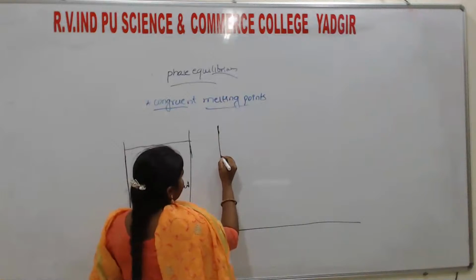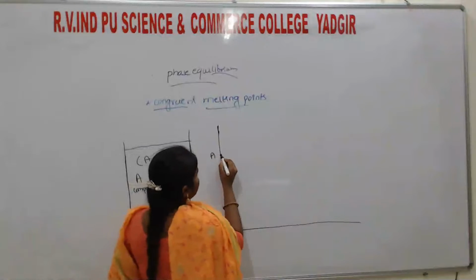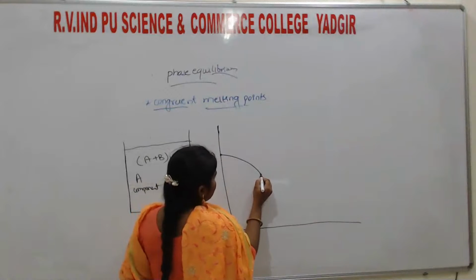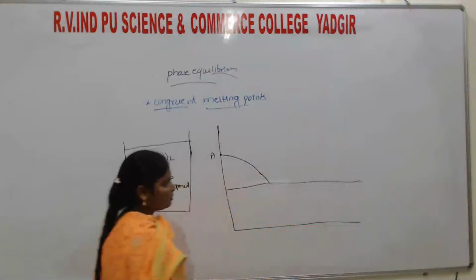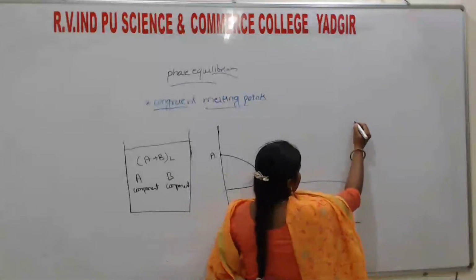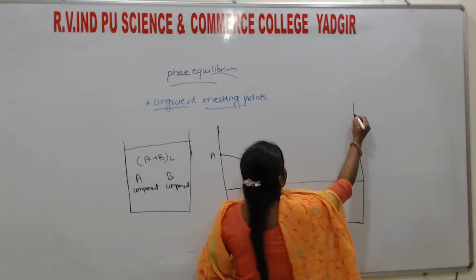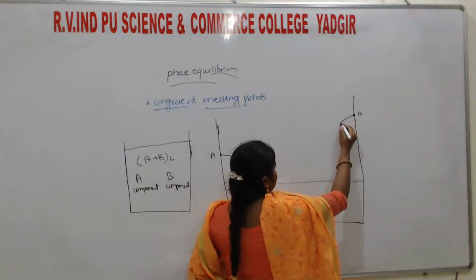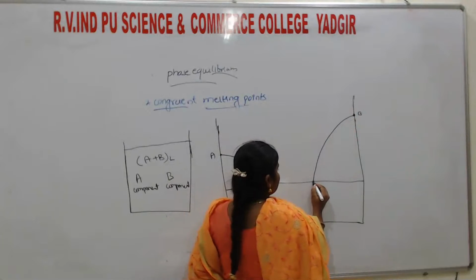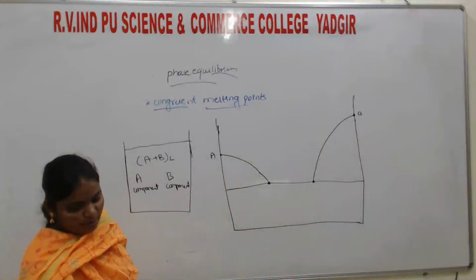I take a point here for the A component, and another point here for the B component. This is the A point and B point.